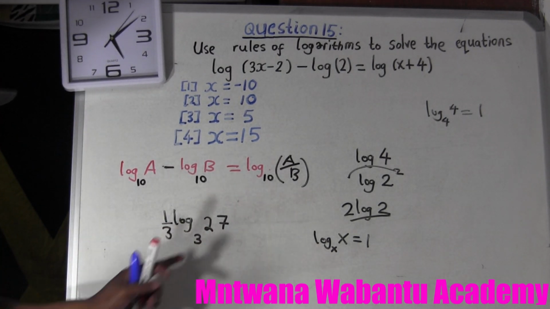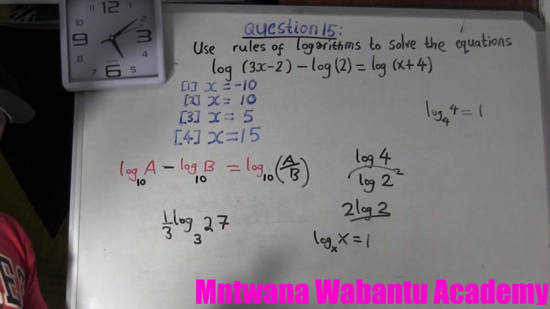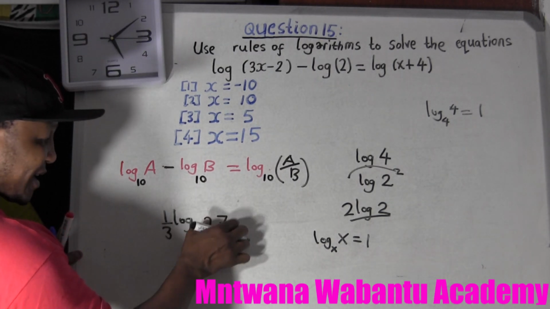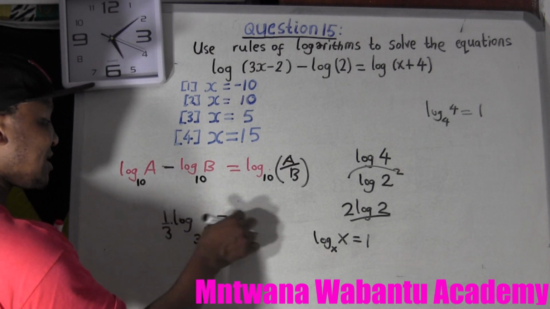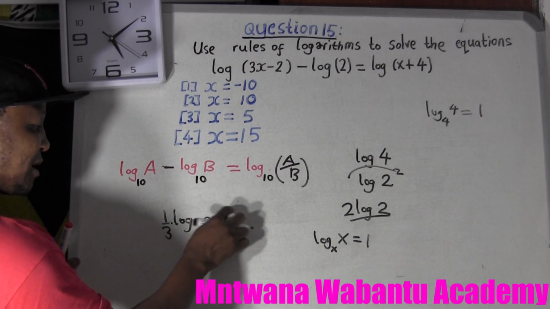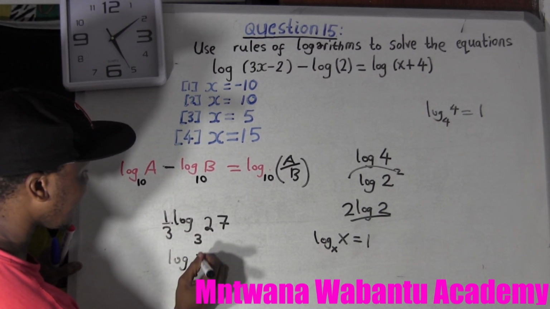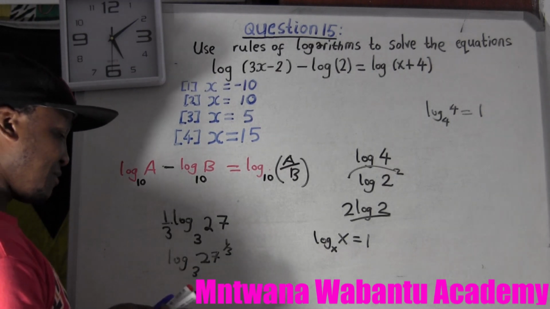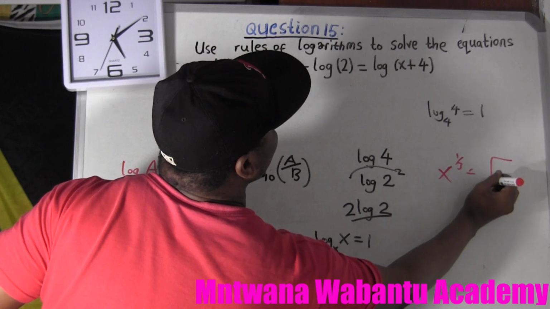So there's a lot of ways I can solve this question. The first way, guys, I want to show you so you can understand the proof. I can take this back, or I can simplify this. Either way, okay. Let's say I'm taking it back. So this 1 over 3 is going to come here. So 1 over 3 comes here, and there's a log base 3 of 27 to the power 1 over 3. But anything to the power 1 over 3, for example, if somebody gives me x to the 1 over 3, let me say cube root of x.